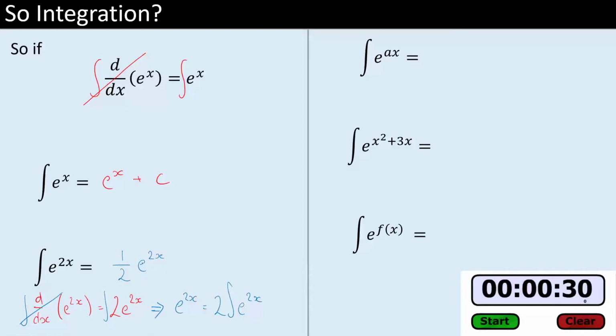Can you tell me a quick way to get from integrating e to the 2x to an answer which says 1/2 e to the 2x? Just have a think.